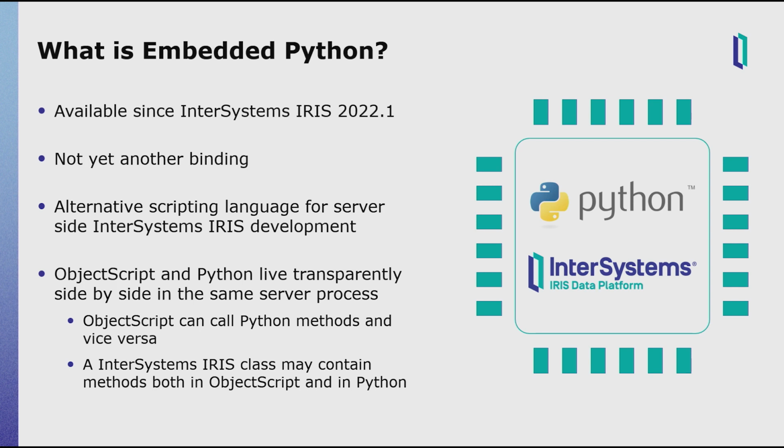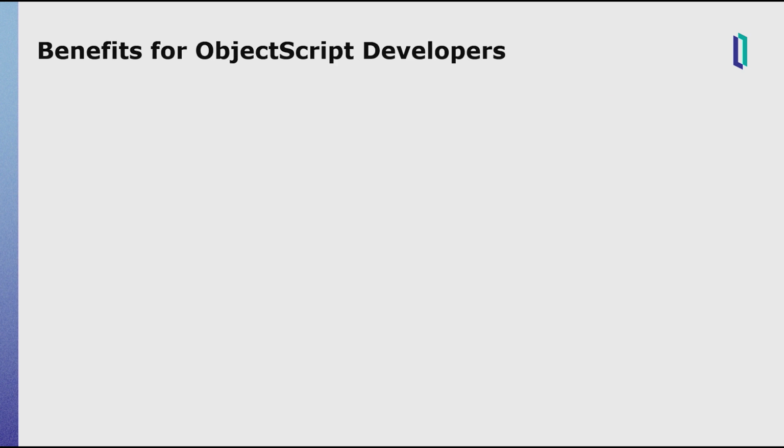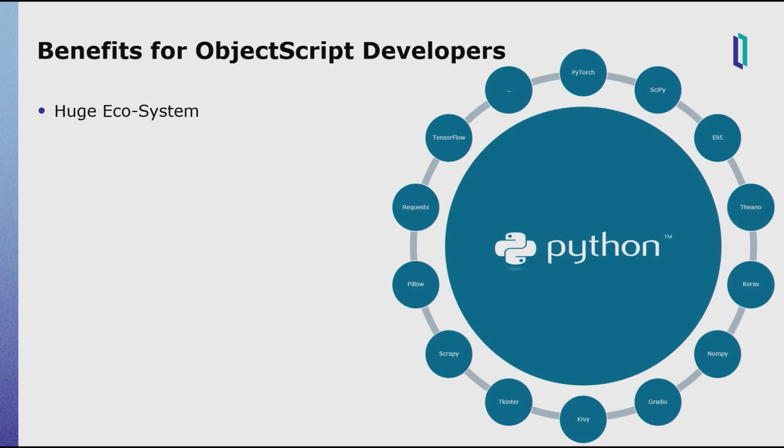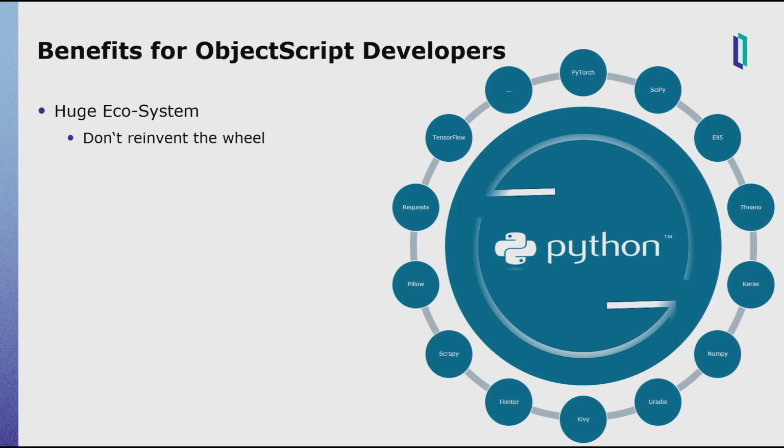And you, as an experienced ObjectScript developer, might ask yourself, why should I at all consider Python for my development? Can't I simply develop everything in ObjectScript? And the answer to this question is probably yes. But does it make sense to always reinvent the wheel? Python has a huge ecosystem. And with embedded Python, you can leverage this ecosystem.